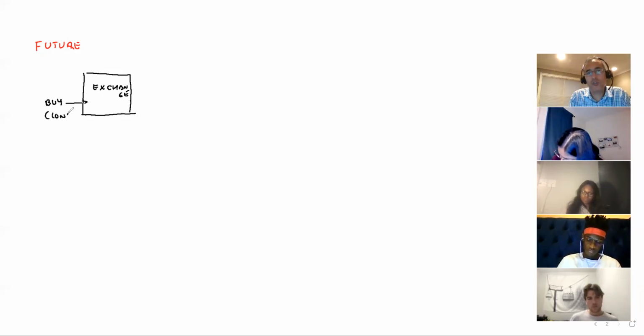basically long positions. So when you want to buy, it's a long position. And someone here wants to short. This wants to sell. This is what is called a short position.